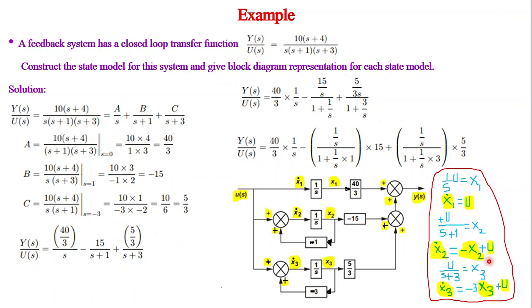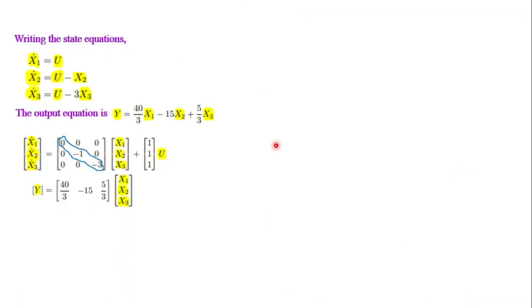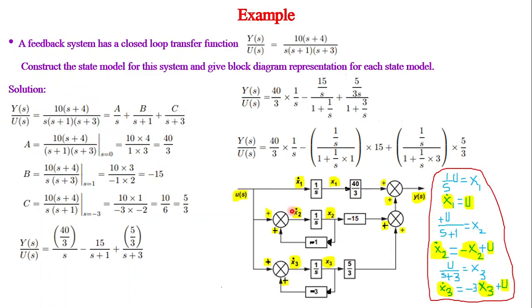That means the C1, C2, C3 will come with the u. Therefore, here we will have C1, C2, C3. Since we are taking the entire thing as x1, that is 40 by 3 by s as x1, similarly minus 15 by s plus 1 as x2, and this as x3, y of s is simply x1 plus x2 plus x3, that's all.